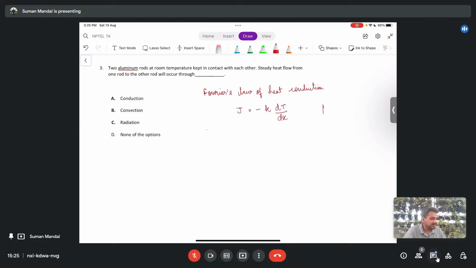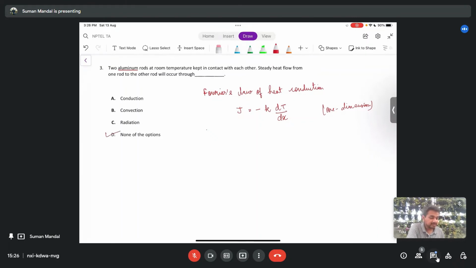This is in one dimension, keeping it simpler for now. Here k is the thermal conductivity, and dT by dx is the thermal gradient. If both the aluminum rods are at the same temperature, then dT is 0, and therefore dT by dx is 0, and therefore there will be no flux. So the answer is false.